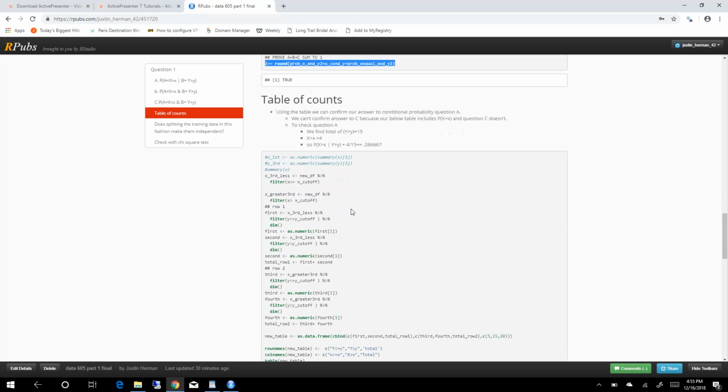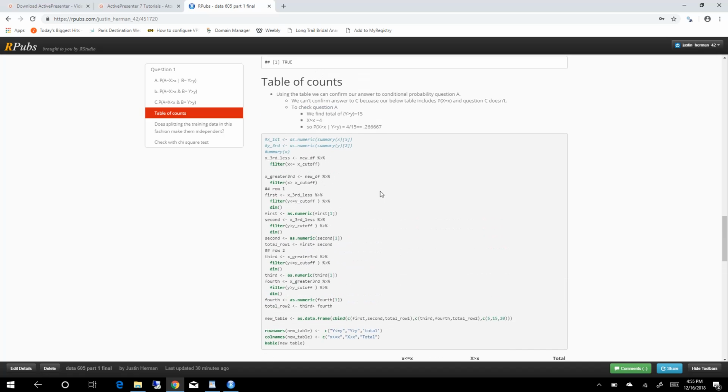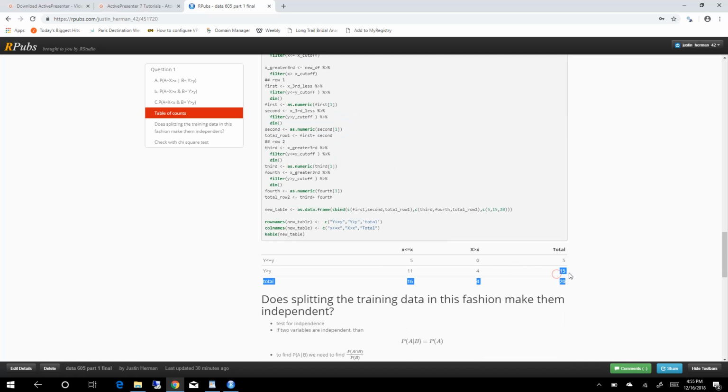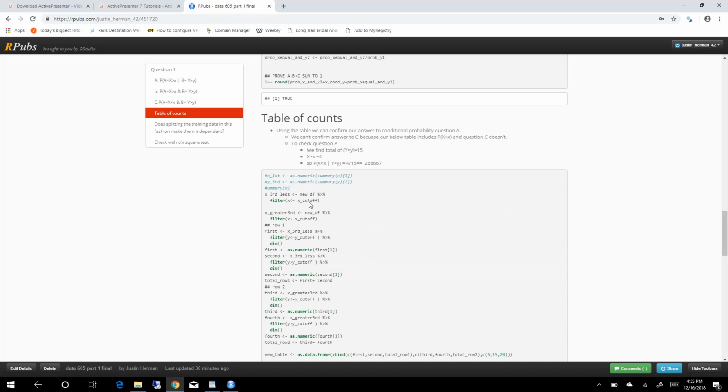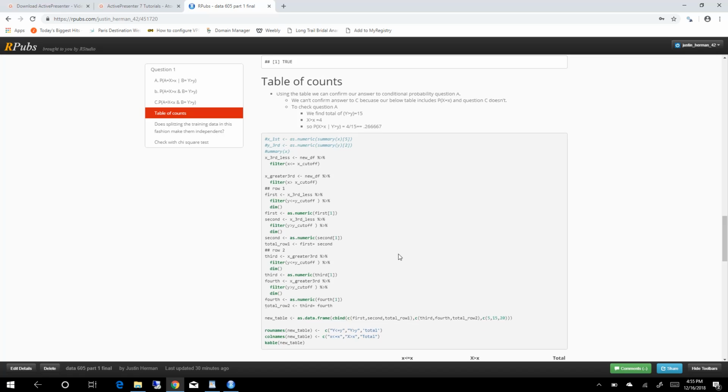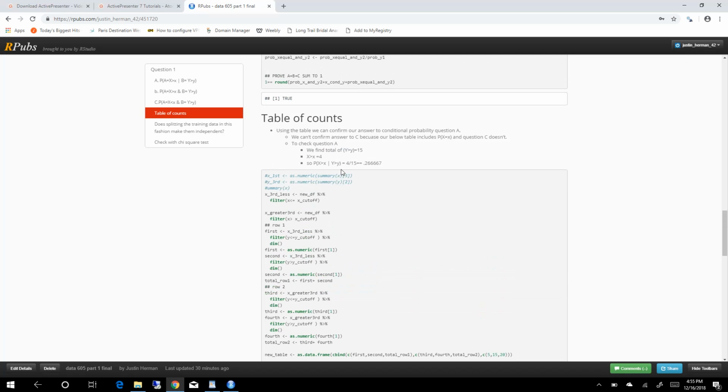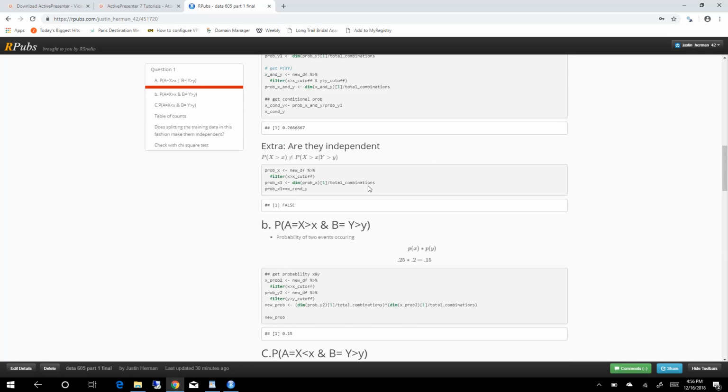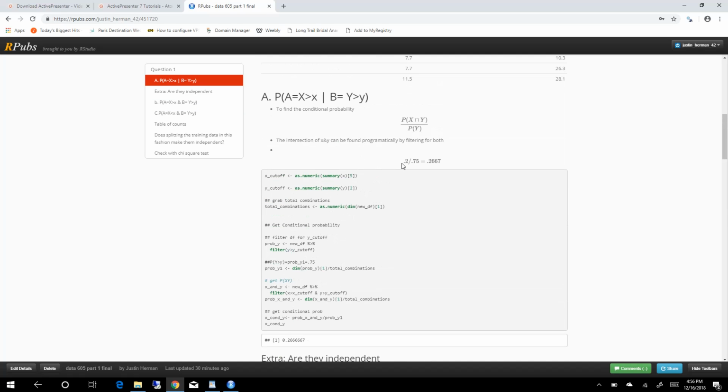To confirm part A, here's our table. We have to find where y is greater than y, which is in this row. And where is x greater than x? That equals 4. So now we know that our conditional probability would be 4 out of 15, which equals 0.2667, which was our answer for the first problem.